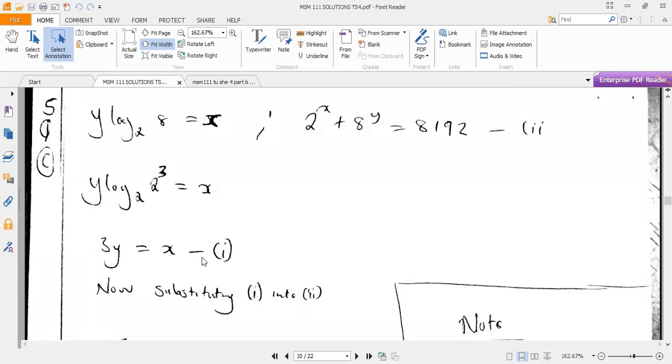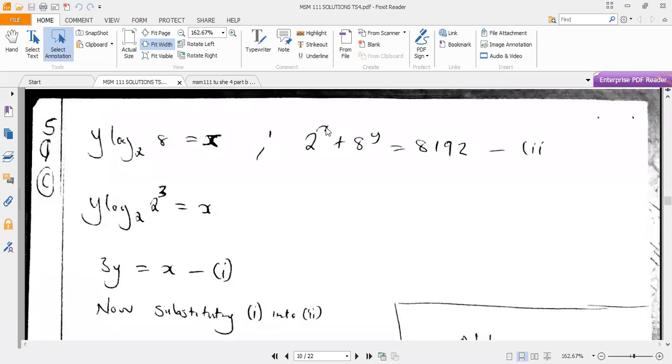Now we put equation 1 into equation 2. We know that x is equal to 3y, so in equation 2, where there's x, we put 3y.